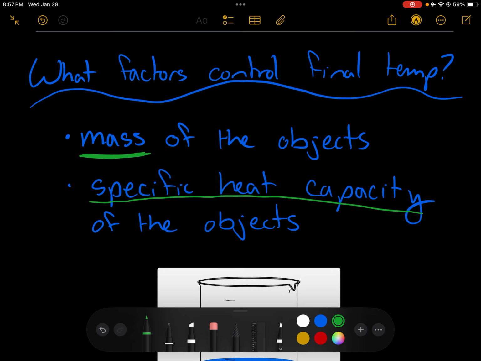And different substances have various abilities to do this. Like water is really good at retaining heat, but metals are not really good at retaining heat at all. So that ability of different substances can control what the final temp of our objects are.